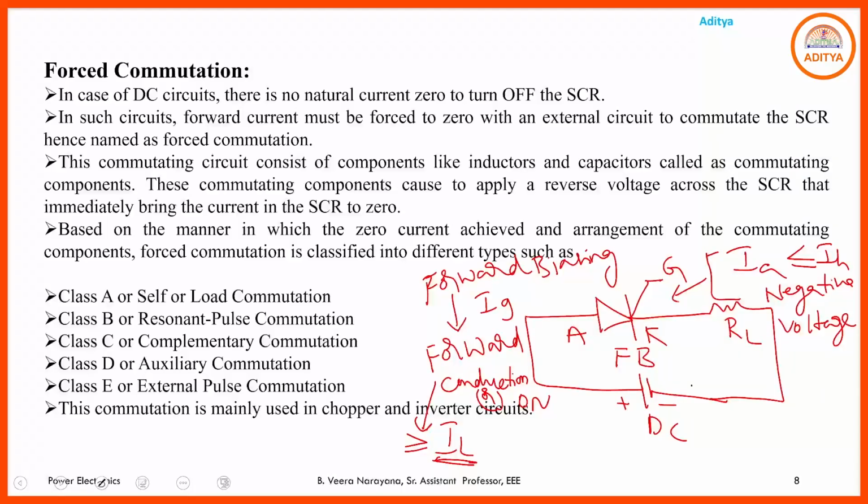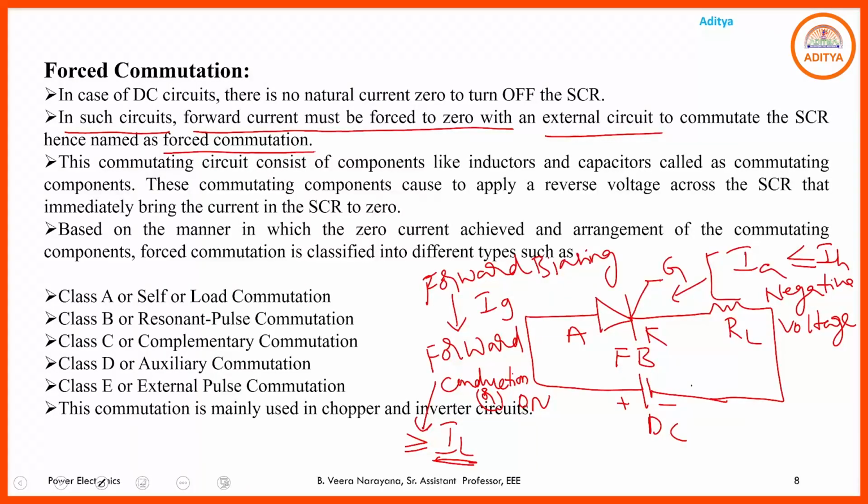Those circuits are called forced commutation circuits. In DC circuits, there is no natural current 0 to turn off the SCR. So in such circuits, the forward current must be forced to 0 with an external circuit to commutate the SCR. Hence, it is named forced commutation.